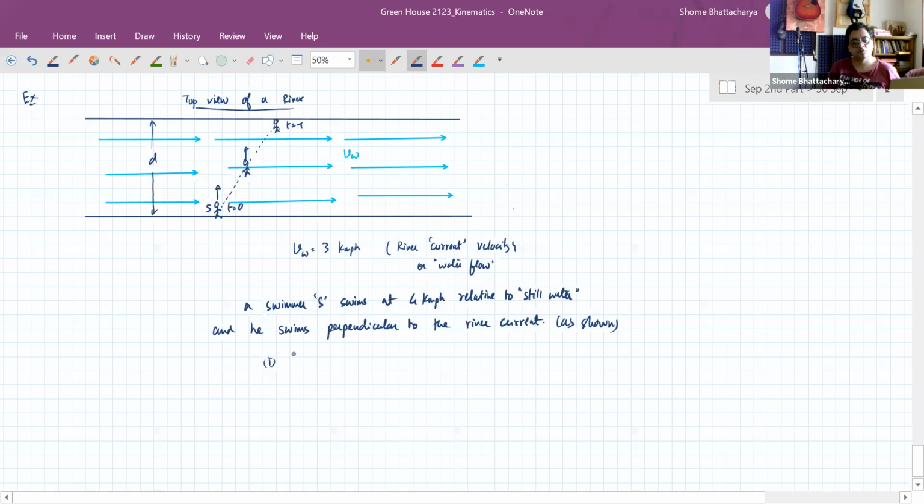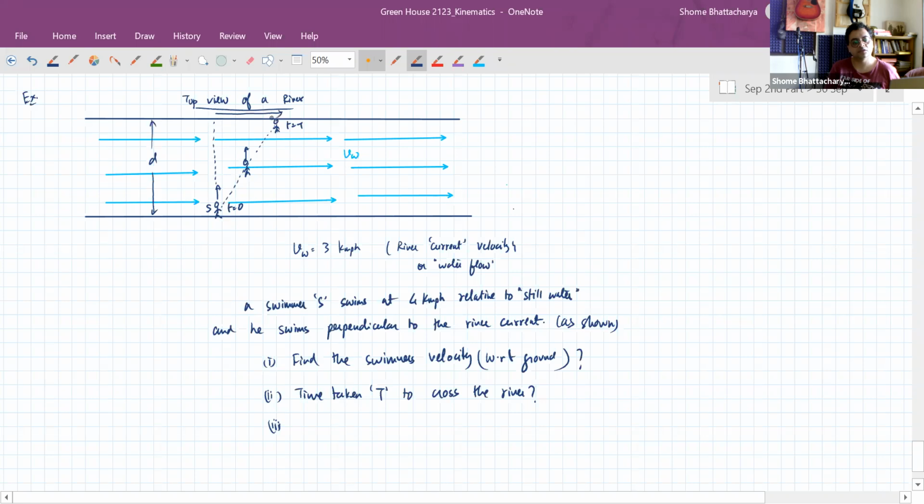So first of all, find the swimmer's velocity with respect to ground frame. And find the time taken across the river and find the amount by which he has drifted downstream.